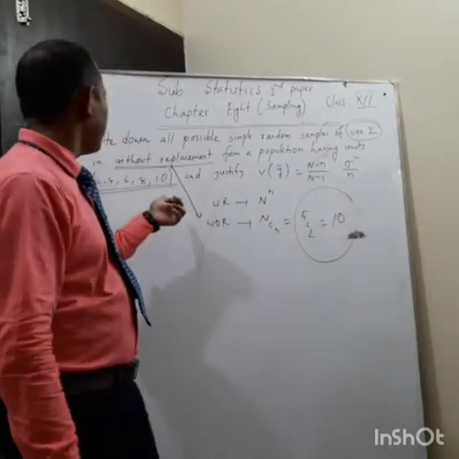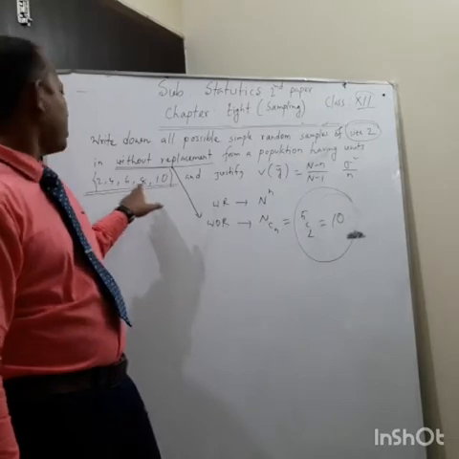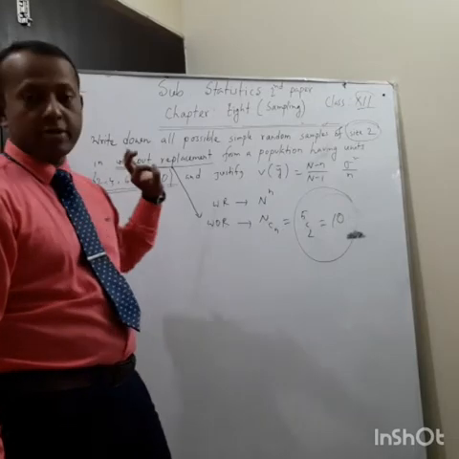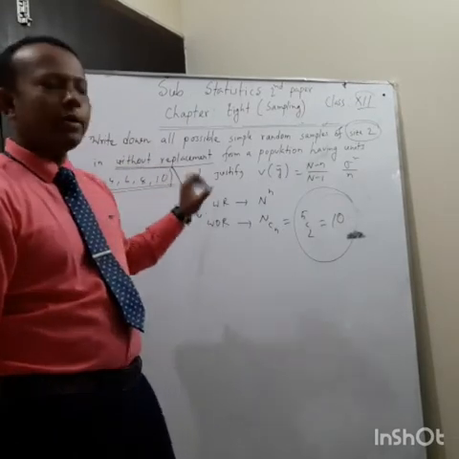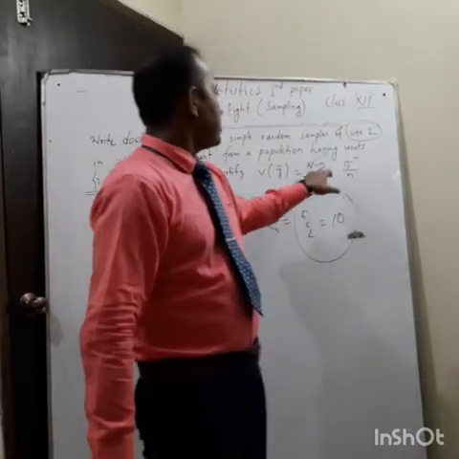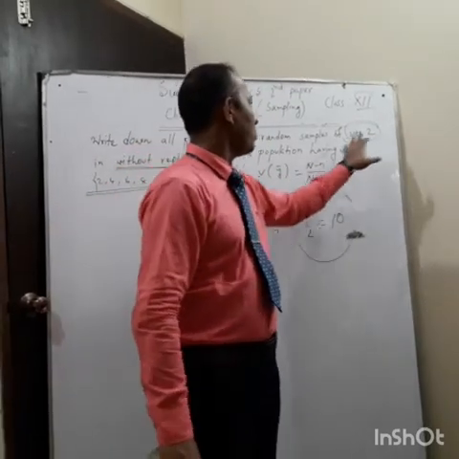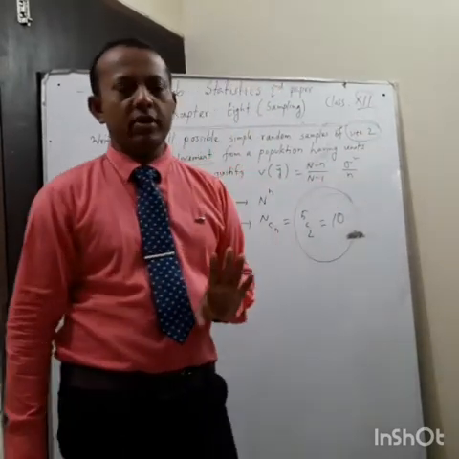Here capital N means 5 because there are 5 elements in the population. So capital N equals 5, and the sample size is 2, that is small n equals 2.